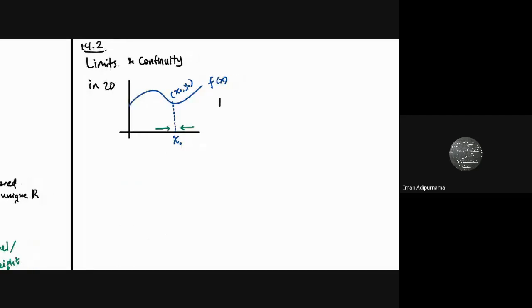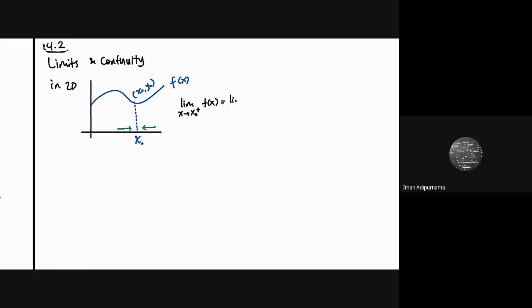For example, the limit as x approaches x0 from the right of the function should be equal to the limit from the left. And if the limit exists, we can say that it is equal to some value L. So this provides that the limit exists.